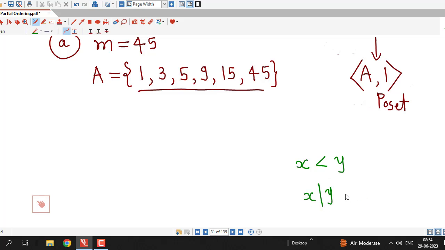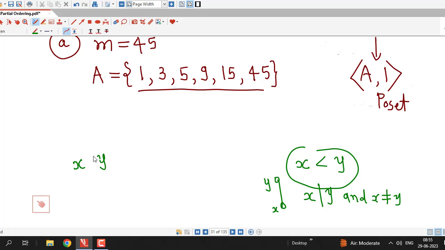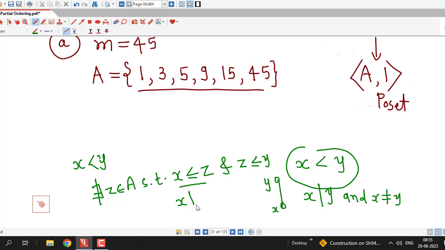So if x divides y and x is not equal to y, then we will draw the circle for x below the circle for y, and if y covers x, we will join these two by a line segment. y covers x means x is related to y, x is not equal to y, and there is no z in the given set A such that x is related to z and z is related to y. Here our relation is the divides relation. So x divides z and z divides y.